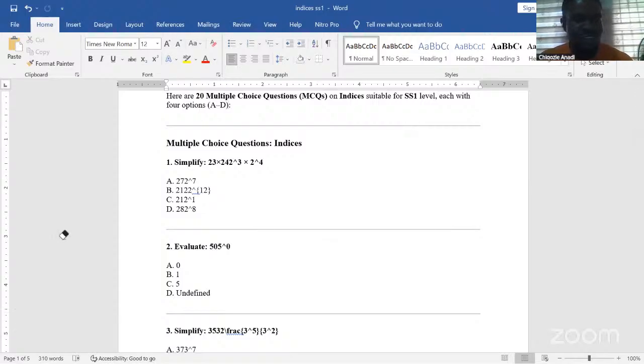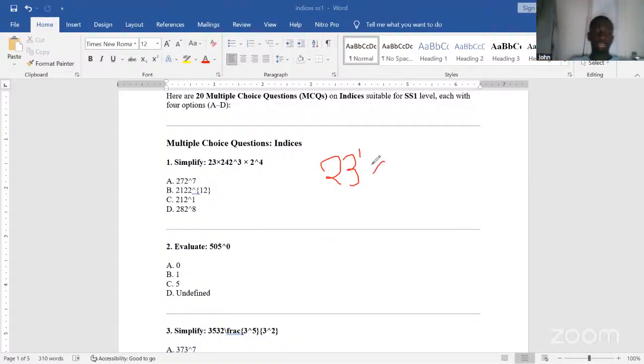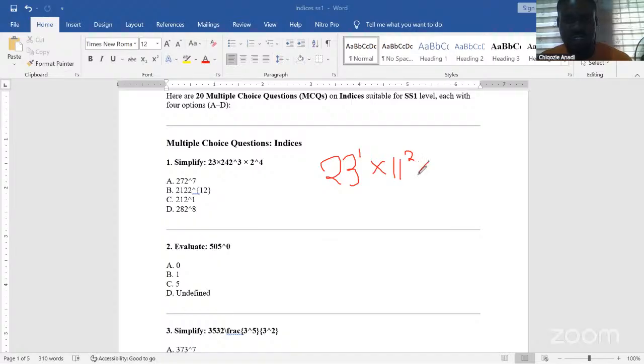So we're having 23 raised to the power of 1, right? Yes. Times 11 raised to the power of what? 2, right?